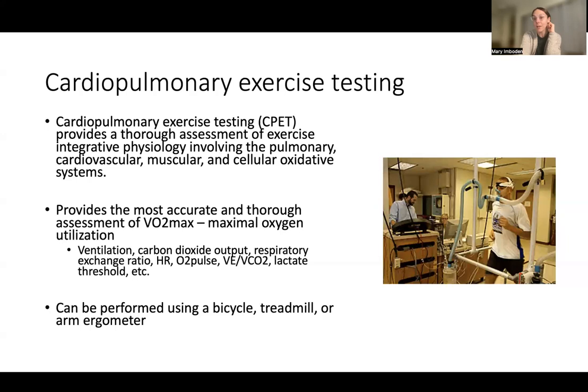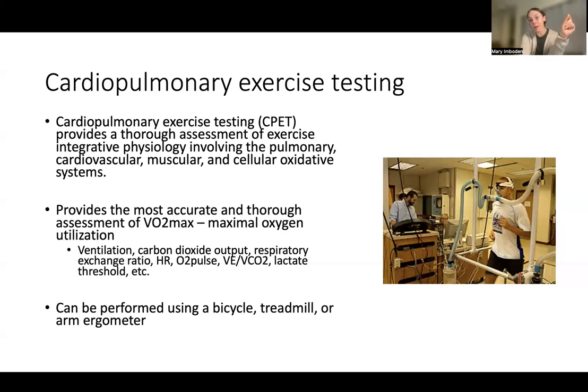And like I said, a lot of these measures are being used in clinical decision making. Specifically, as one example, we see VO2 max combined with ventilatory efficiency. Those two measures in a quick snapshot for physicians to see, will this person who's on the transplant list actually have good outcomes from their transplant?